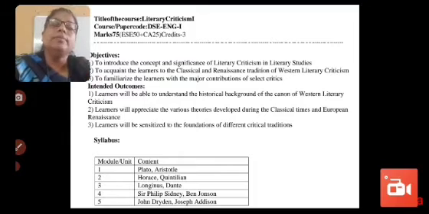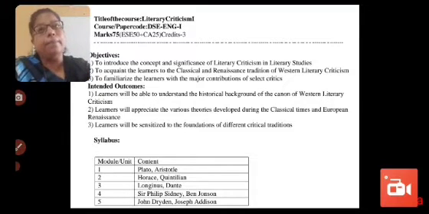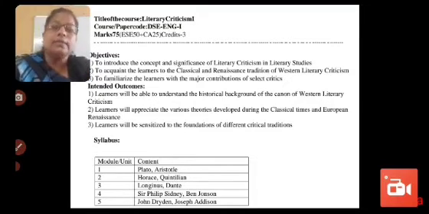The next term used is Renaissance. Renaissance is the revival of knowledge.